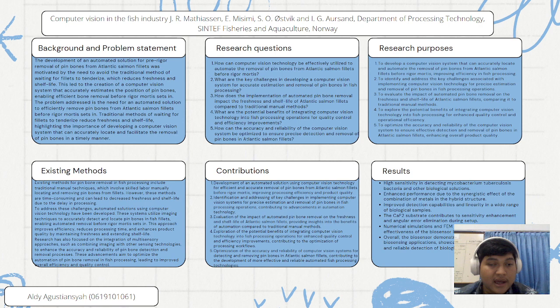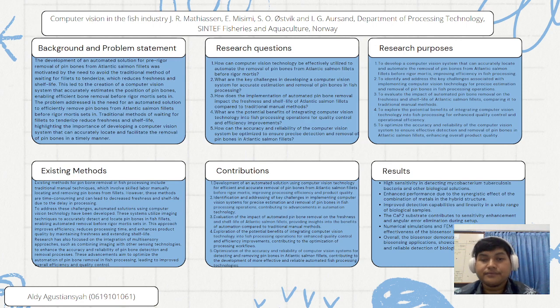Research has also focused on the integration of multisensory approaches, such as combining imaging with other sensing technologies to enhance the accuracy and reliability of the pin bone detection and removal process. These advancements aim to optimize the automation of pin bone removal in fish processing, leading to improved overall efficiency and quality control.